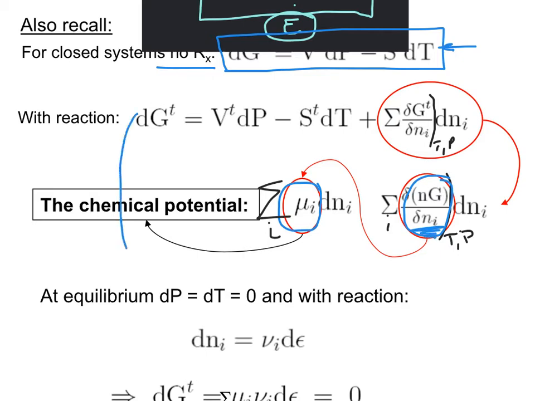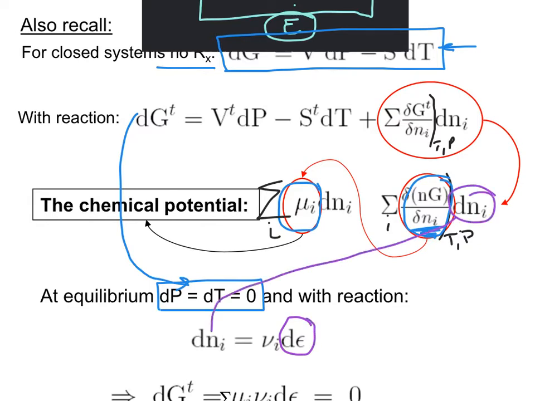So we want to evaluate this expression once the part where the pressure and the temperature changed, that part of the path, is already considered, and we are only interested in the change in Gibbs free energy due to the chemical reaction. From our definition of the reaction coordinate, we can replace the dN, the change in the number of moles, in terms of the stoichiometric number of each component in that reacting system, as well as the differential change in the reaction coordinate.